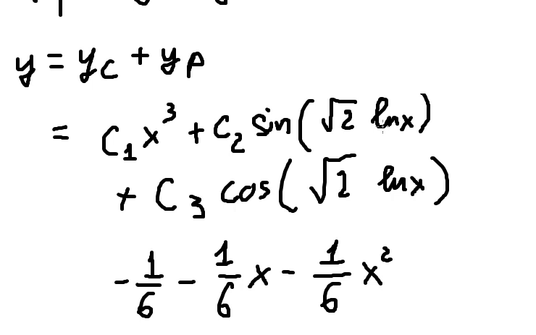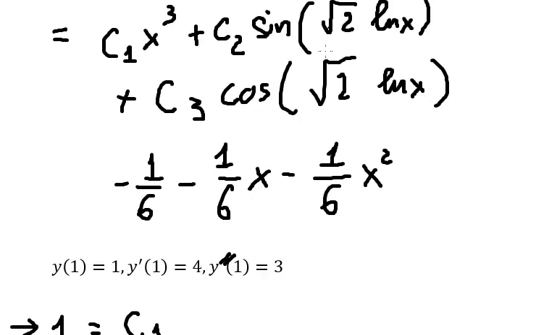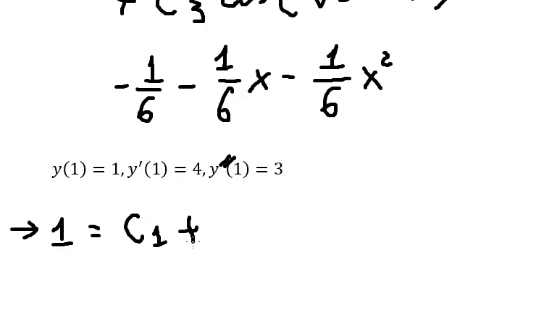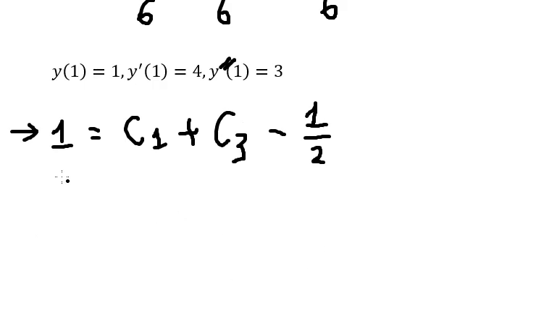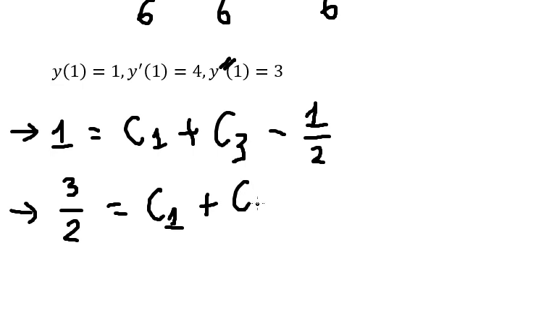So sine of 0 is 0, cosine of 0 is 1, so we have c3. This one, we put 1 in here, and we have negative 1 over 2. Now I will put this one to the left, and we have 1 plus 1 over 2, so 3 over 2 equals c1 plus c3.